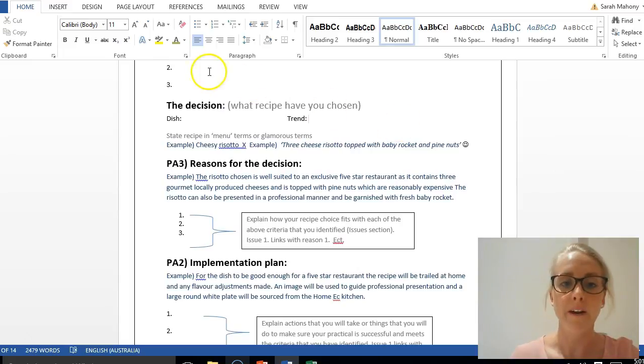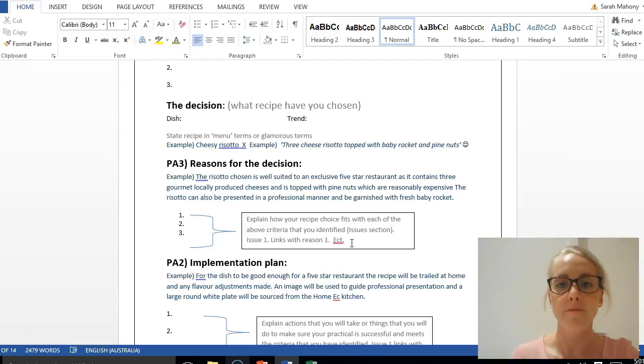Whatever you've talked about up the top with your issues 1, 2, and 3, you want to link your reasons for your decision to your 3 criteria. So it says explain how your recipe choice fits with each of the above criteria that you have identified in the issues section. Issue 1 links with reasons for decision number 1. Issue 2 links with reason 2.